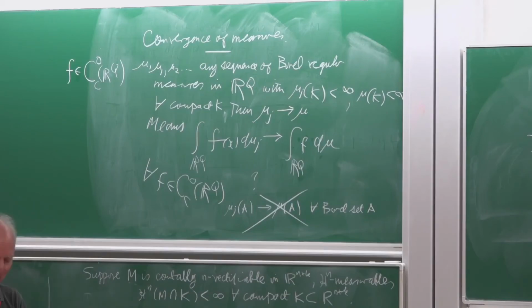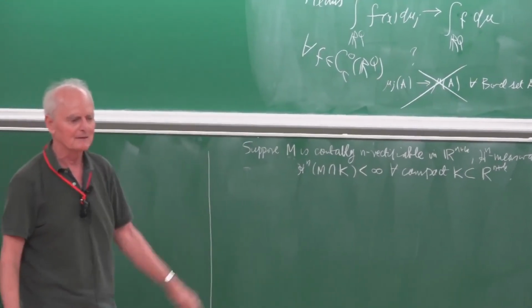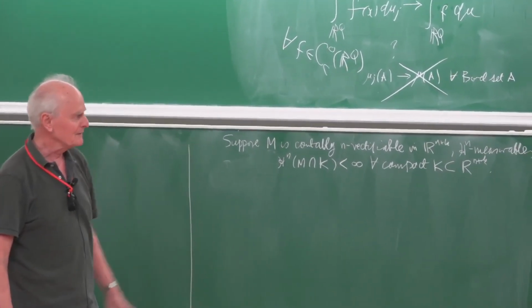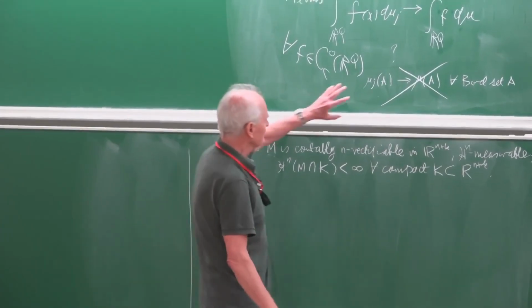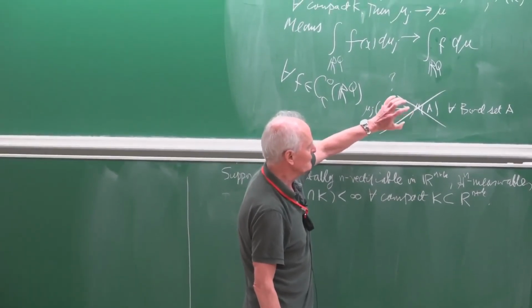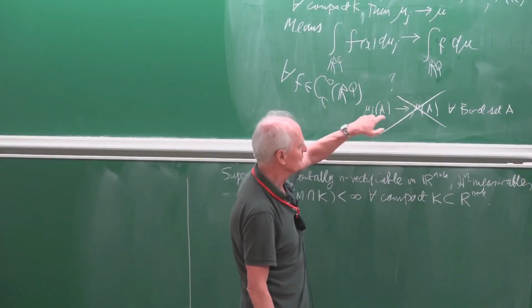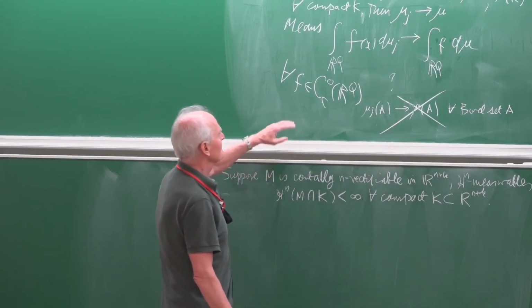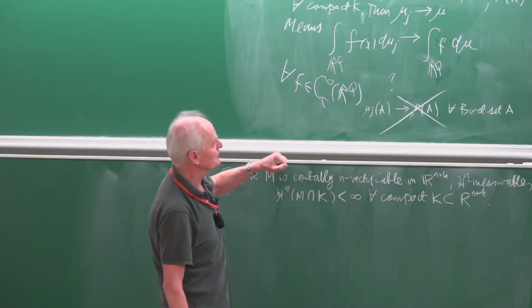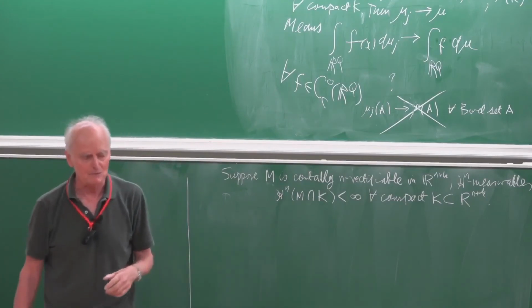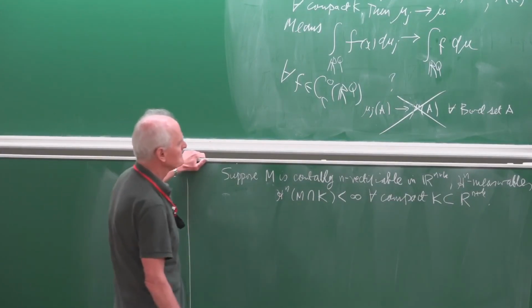It's easy to show that this is basically never true unless you have really trivial measures. But this is the definition of convergence of measures. So that's what we're going to use here.